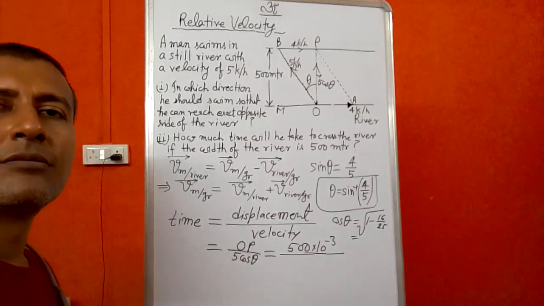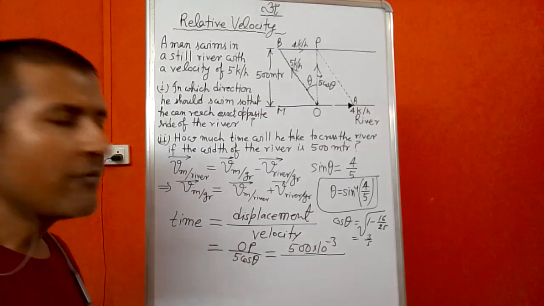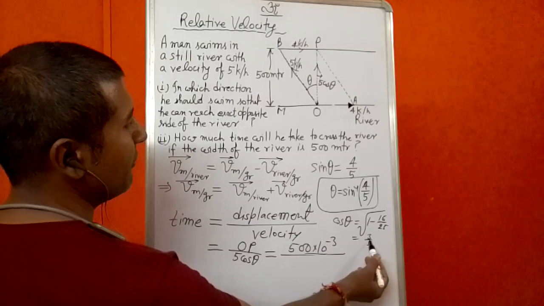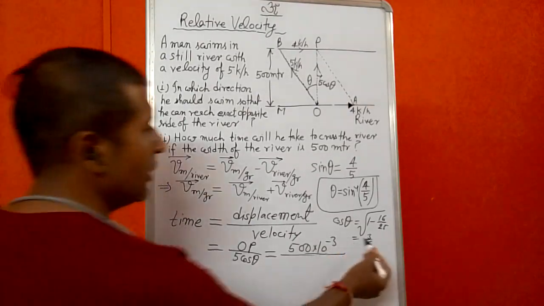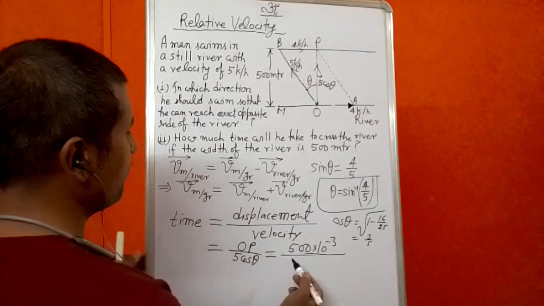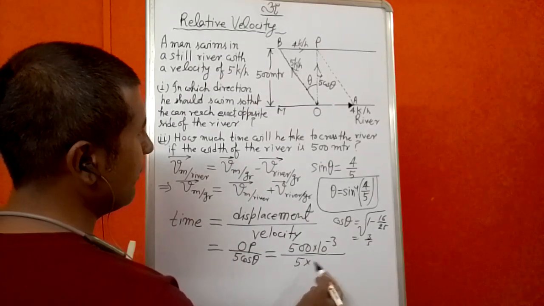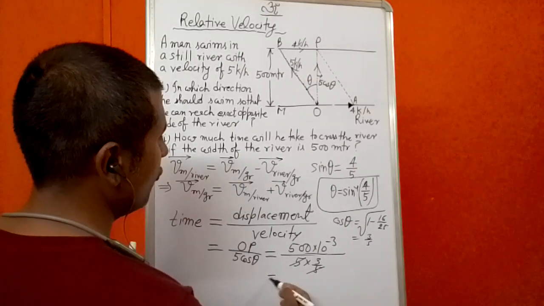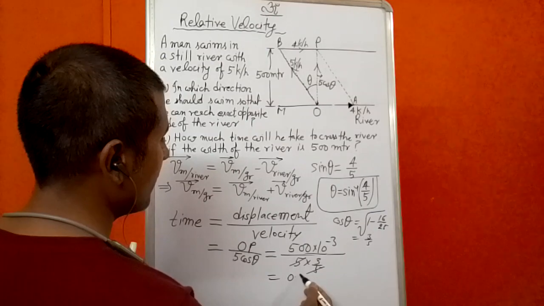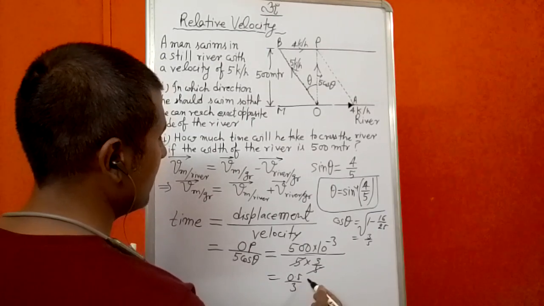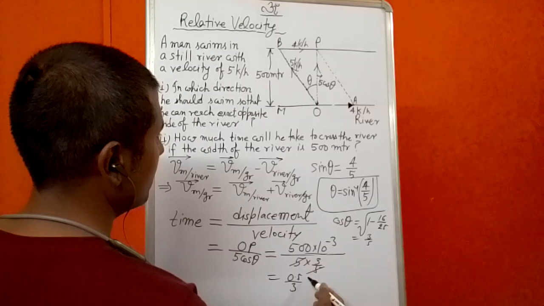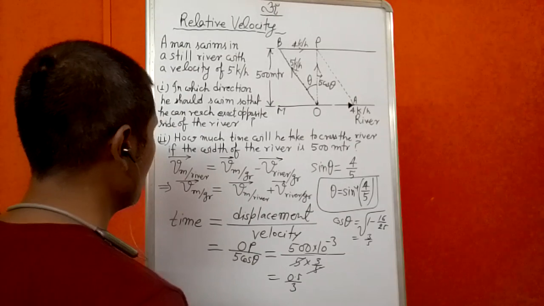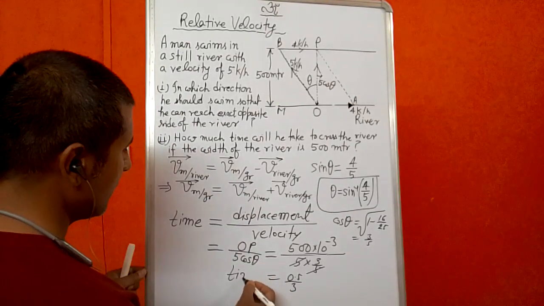So we get cos theta as square root of 1 minus 16 by 25, which is equal to 3 by 5. Now you place the value here: 5 into 3 by 5, the 5 will cancel, so you will get 0.5 by 3. So this will be the time taken.